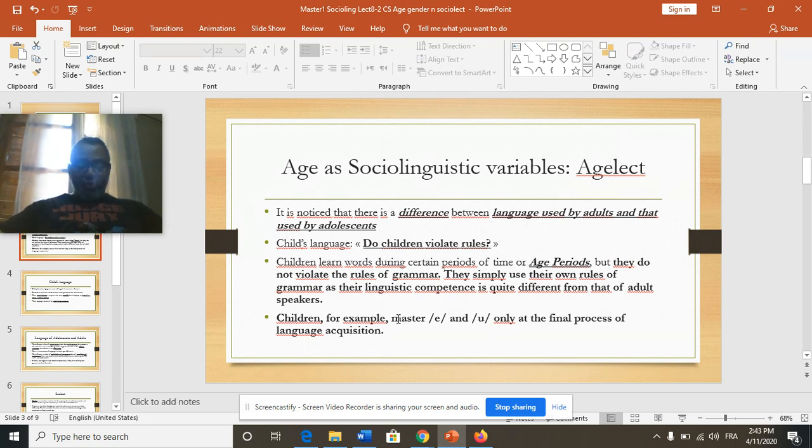Children have their own rules because they are learning, or they are acquiring the language in their own way, with their own pace or their own speed. So they are following their own particular grammatical, if you want, devices, so that they learn the language.